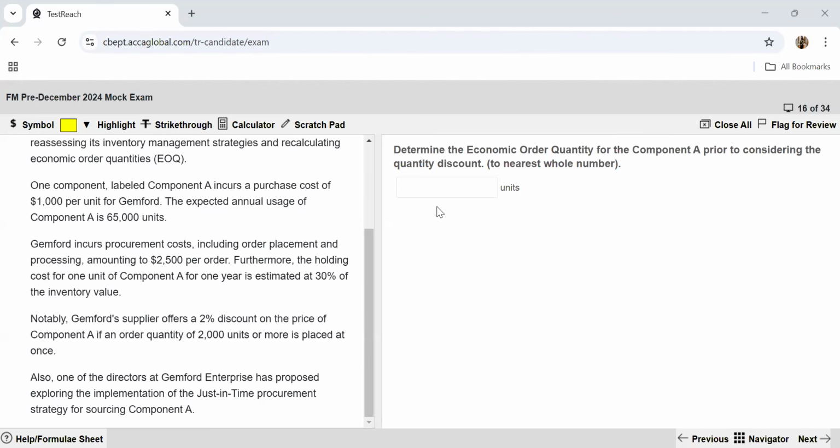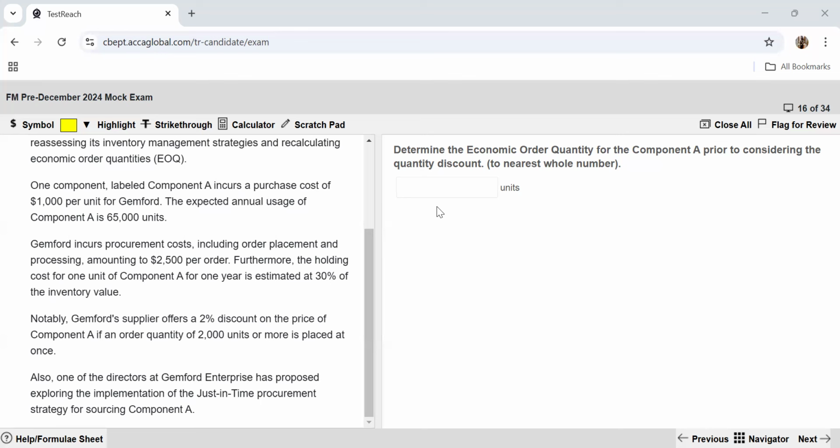Gemford incurs procurement costs, including order placement and processing, amounting to $2,500 per order. Furthermore, the holding cost for one unit of component A for 1 year is estimated as 30% of the inventory value. Notably, Gemford's supplier offers a 2% discount on the price of component A if an order quantity of 2,000 units or more is placed at once.